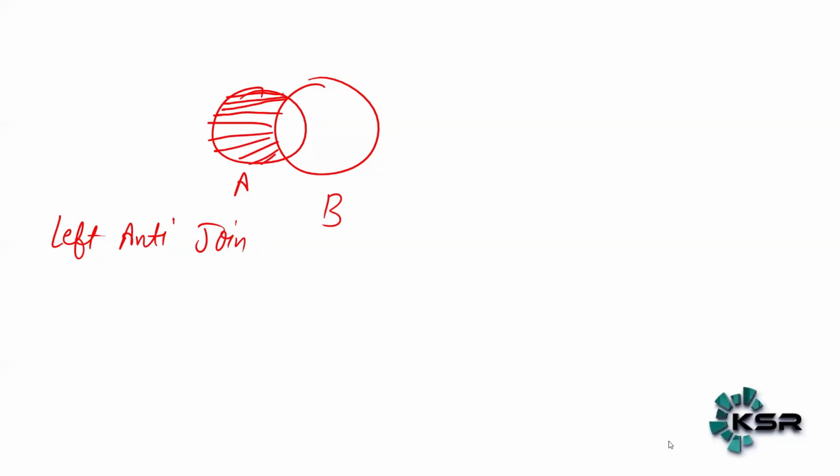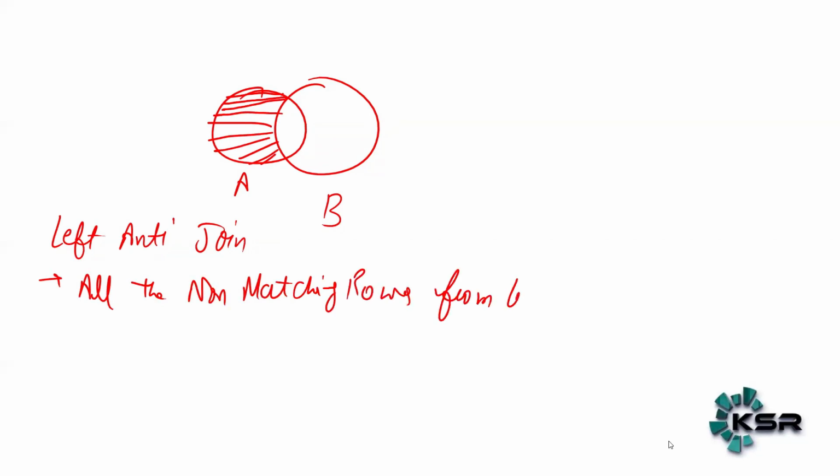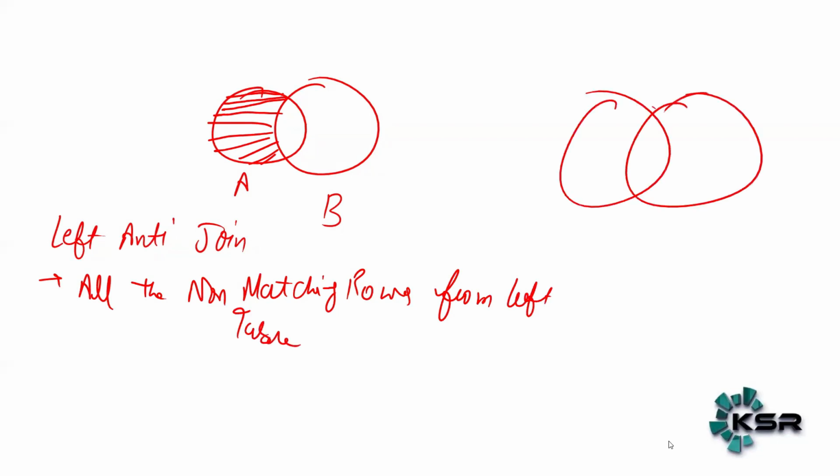This means all the non-matching rows from the left table. And what will happen in the right anti join? You will get this portion, all the non-matching rows from the right table.